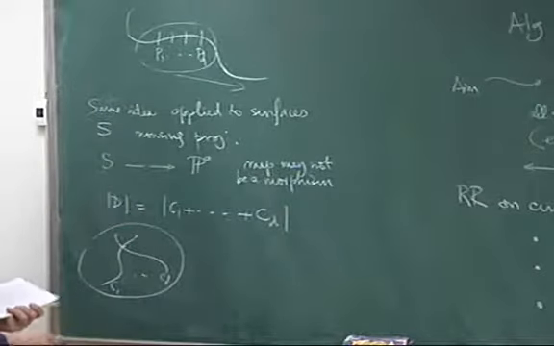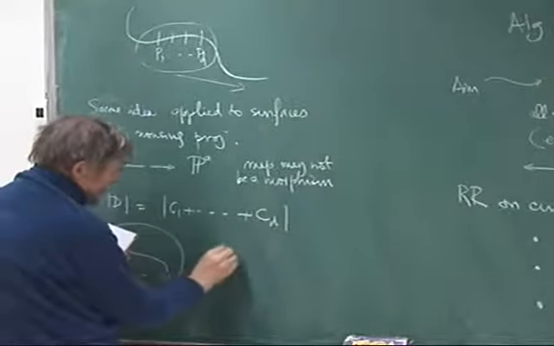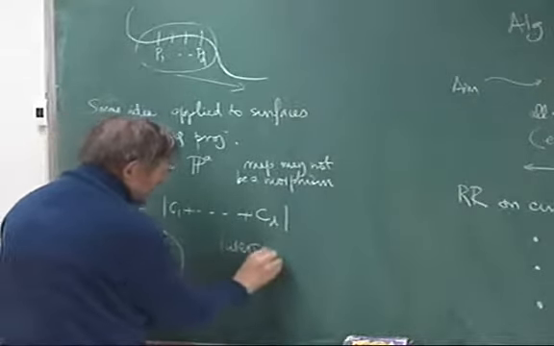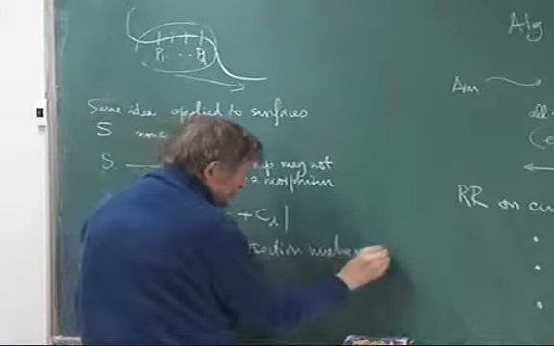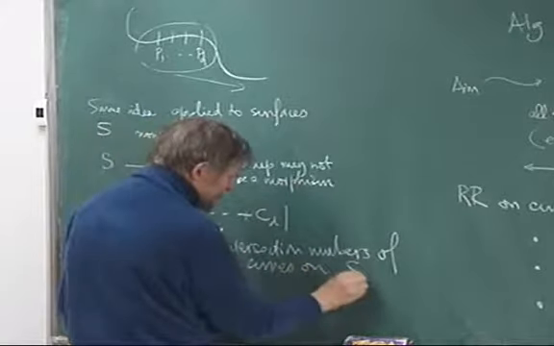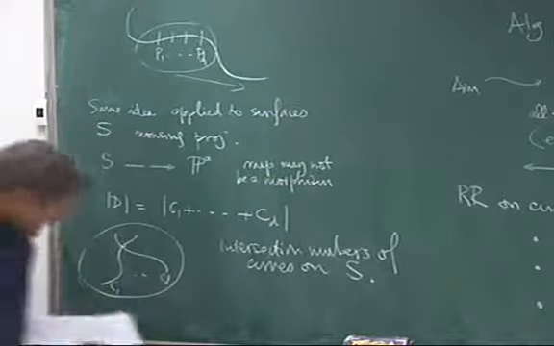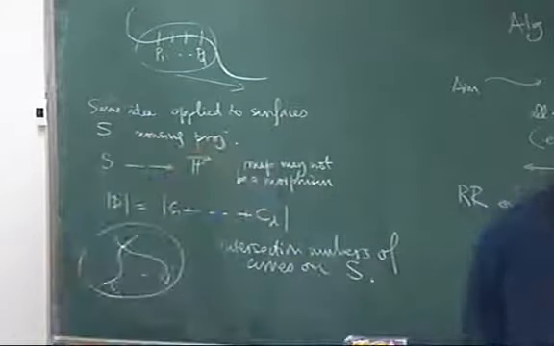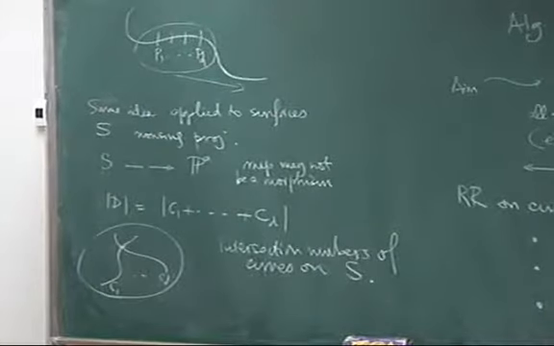And so the first thing we need is intersection numbers of curves on S. Right, and of course we're going to need a whole lot more apparatus before we can really get anywhere.